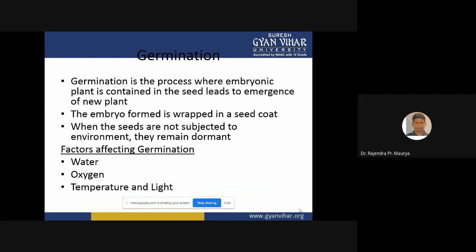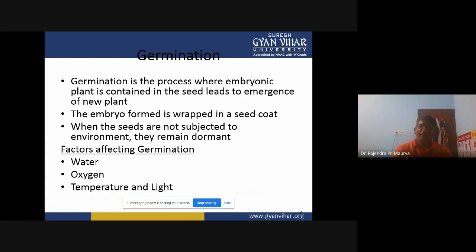Here it first regenerates the hypocotyl, and after that the epicotyl.